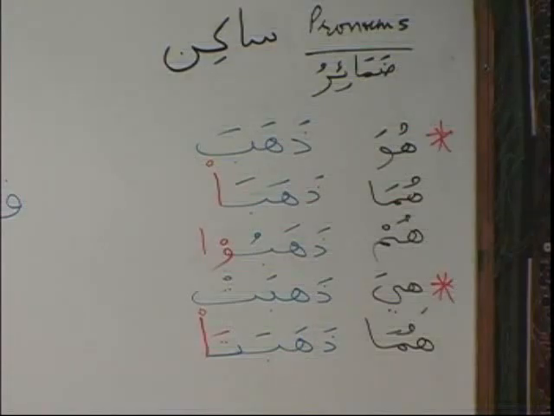Are you with me? So now today you will remember these sakin pronouns and mutaharrik pronouns. This you must understand today, and also memorize it. Brother, how many sakin pronouns in madi? 5. How many mutaharrik pronouns in madi? 9. We have to remember.